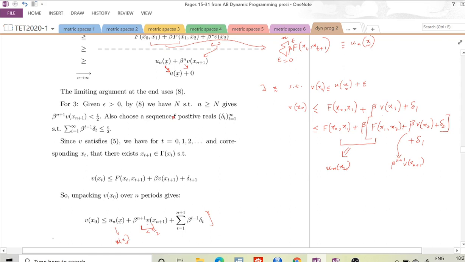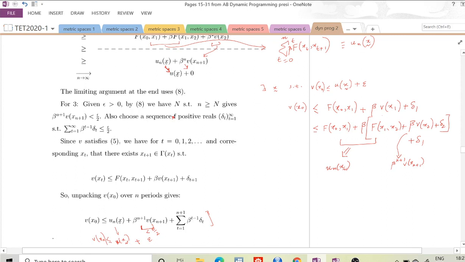These stay at less than or equal to epsilon by 2. So the whole thing is less than or equal to u of x tilde plus epsilon.